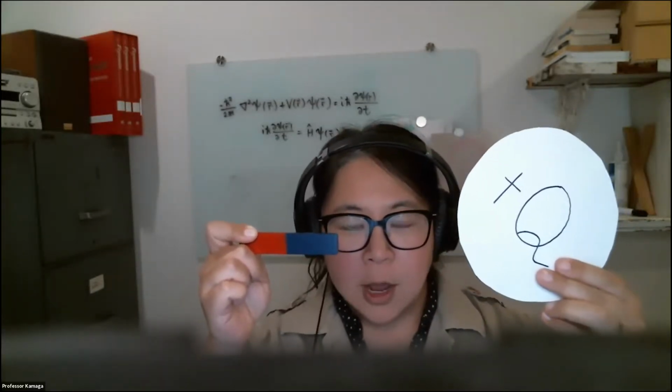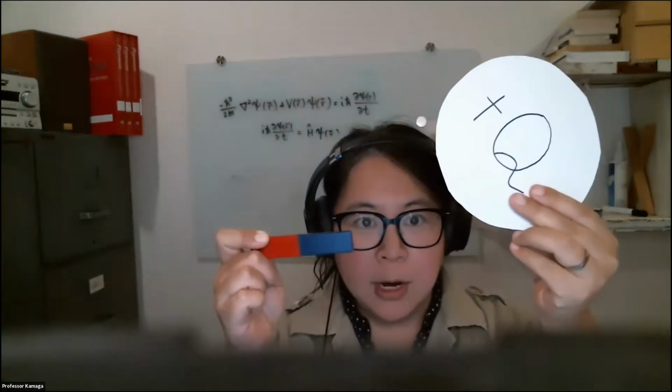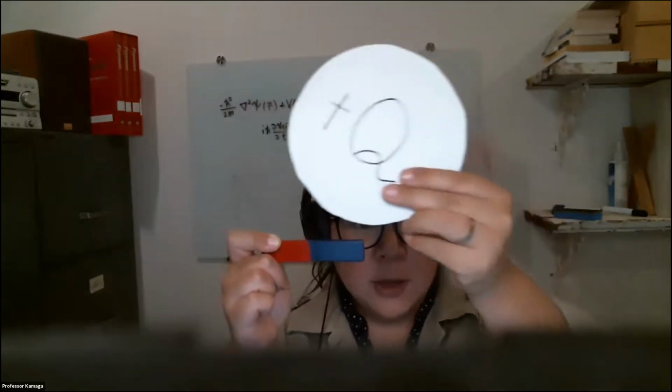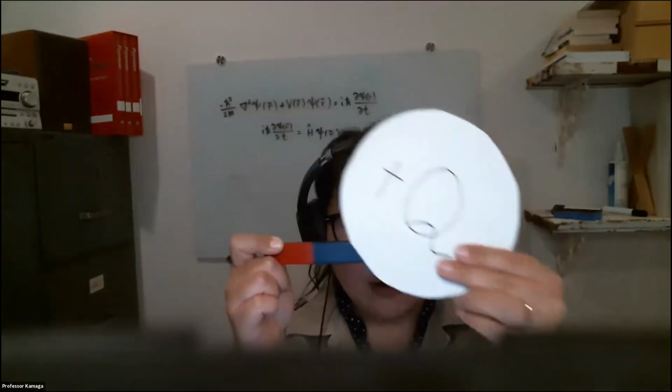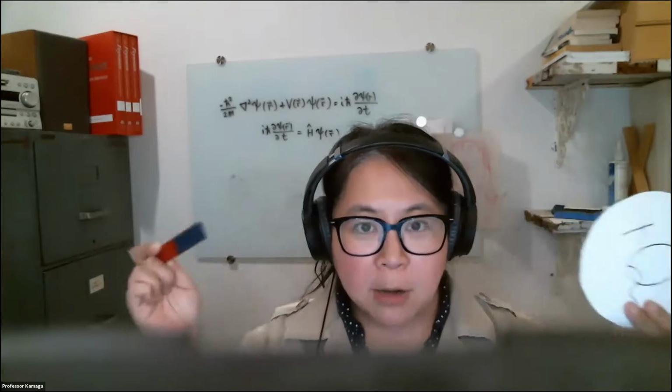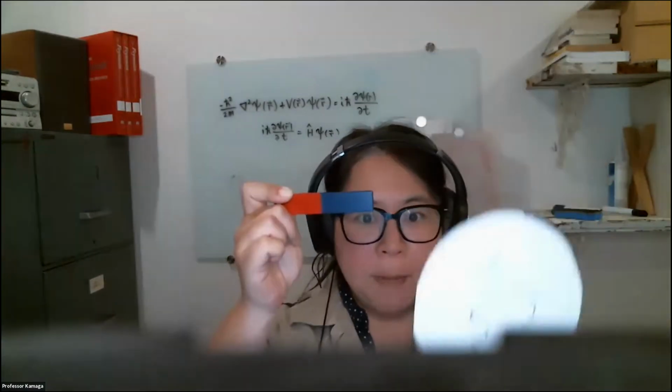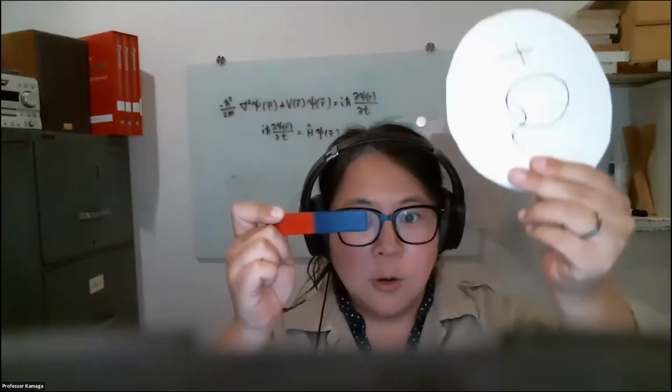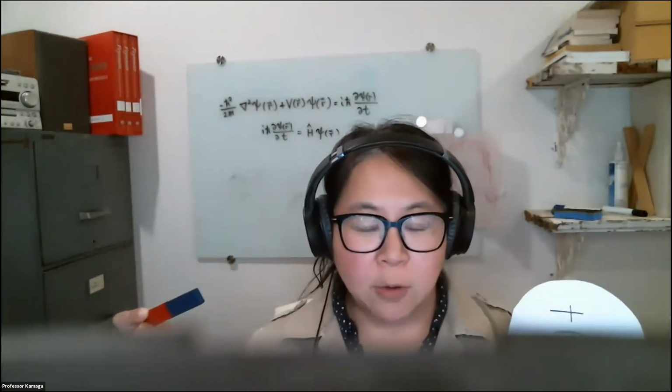If it's moving parallel to the magnetic field, no magnetic force. If it has a perpendicular component of motion to the magnetic field, it feels the magnetic force. Therefore, the maximum magnetic force is felt when moving perpendicular to the magnetic field.